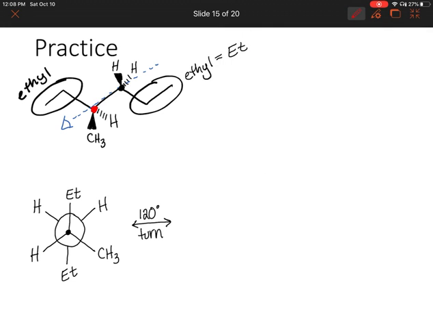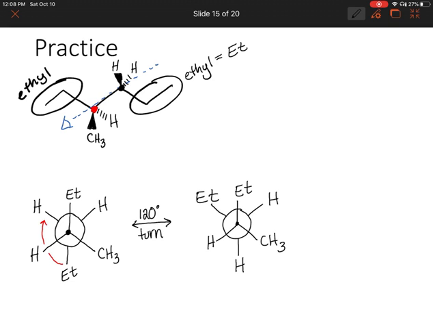All right, so if we're turning the back carbon, that means we're moving this ethyl group up. All right, so let's keep our front carbon the same. And now the back carbon has an ethyl group up and to the left, and then the other 2 bonds are hydrogens.